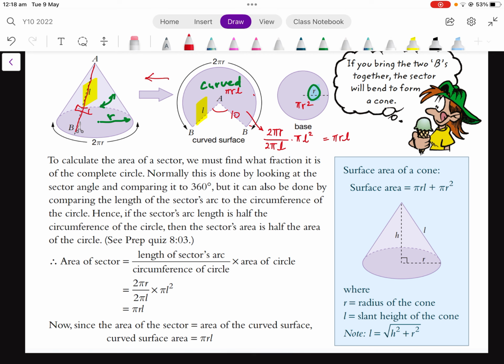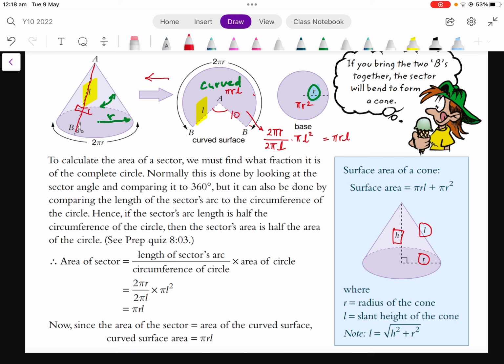Now, if you don't know the curved length, or this L, then you can use the height of the cone, which is normally given in case they want you to calculate the slant length, and the base radius of the cone is given.